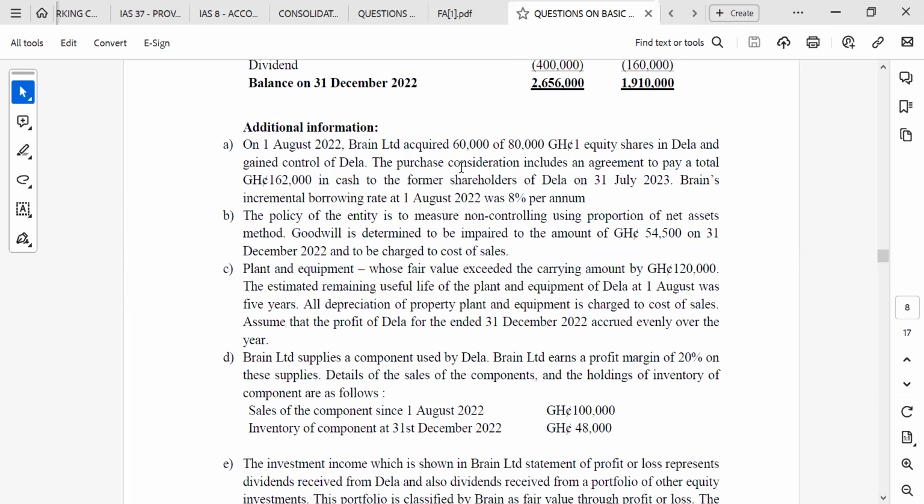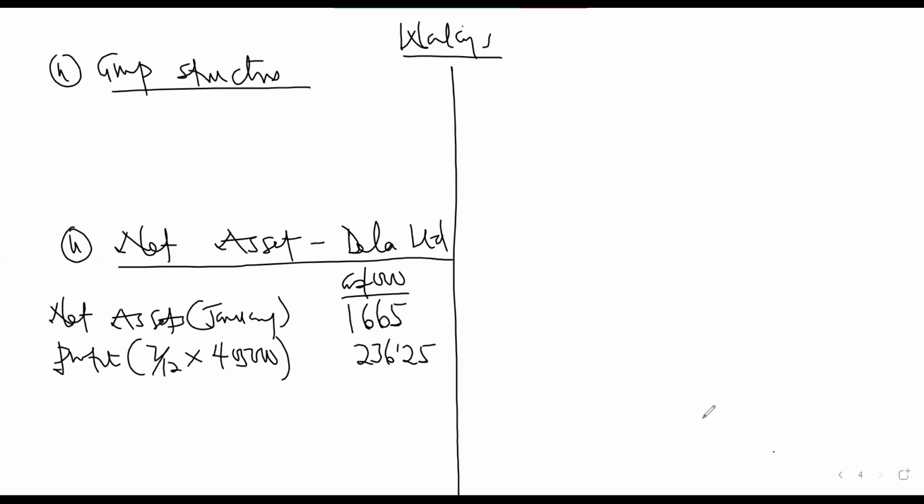Brain's incremental borrowing rate at 1st August was 8%. What type of consideration is this? Deferred. So you have to ask yourself, what would be the present value of this? So let's find the present value of the purchase consideration.